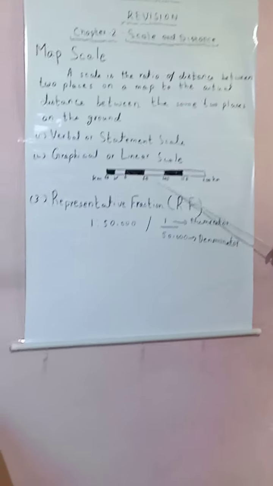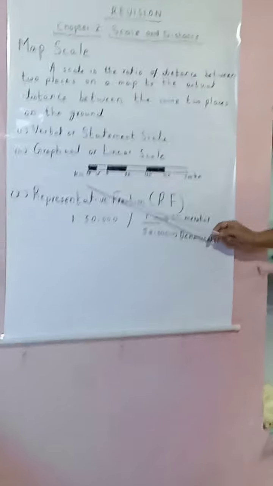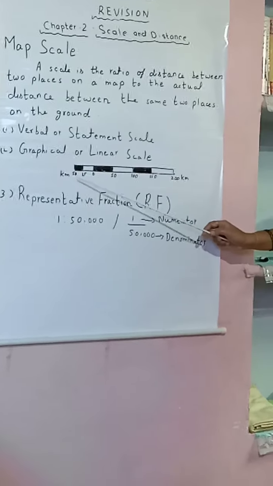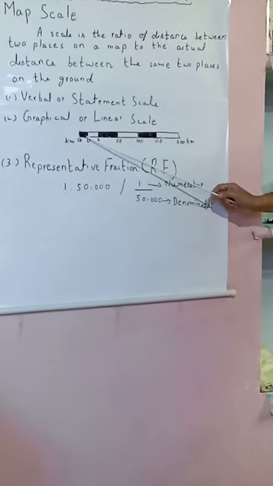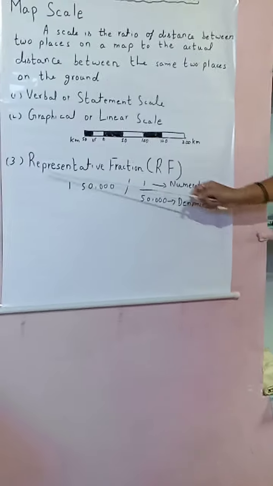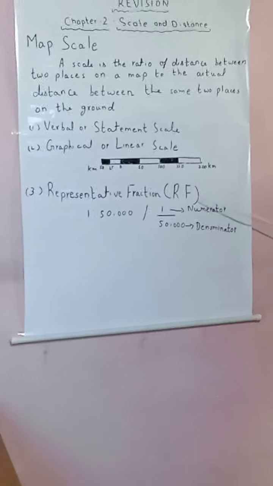At the extreme left hand, one part of 1 centimeter has been further subdivided into two parts of 5 millimeters, each representing 25 kilometers.